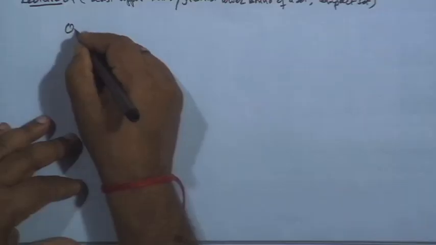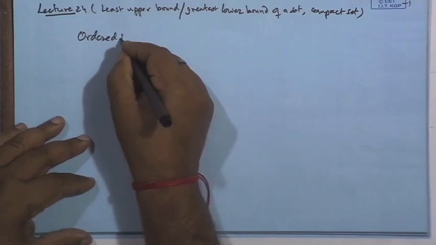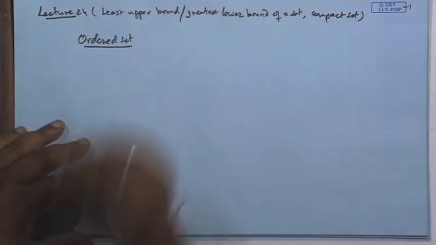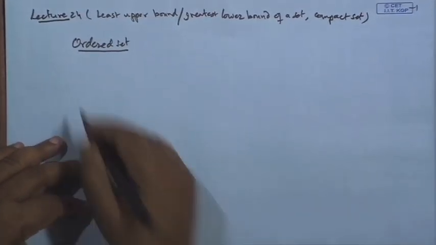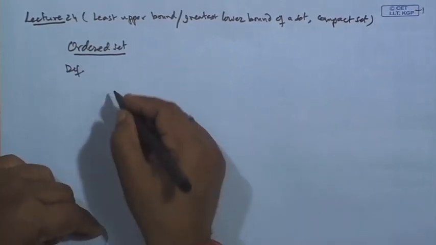So, we will discuss the least upper bound, greatest lower bound of a set and compact sets today. So, this requires the concept of ordered set first. We define like this: let S be a set.